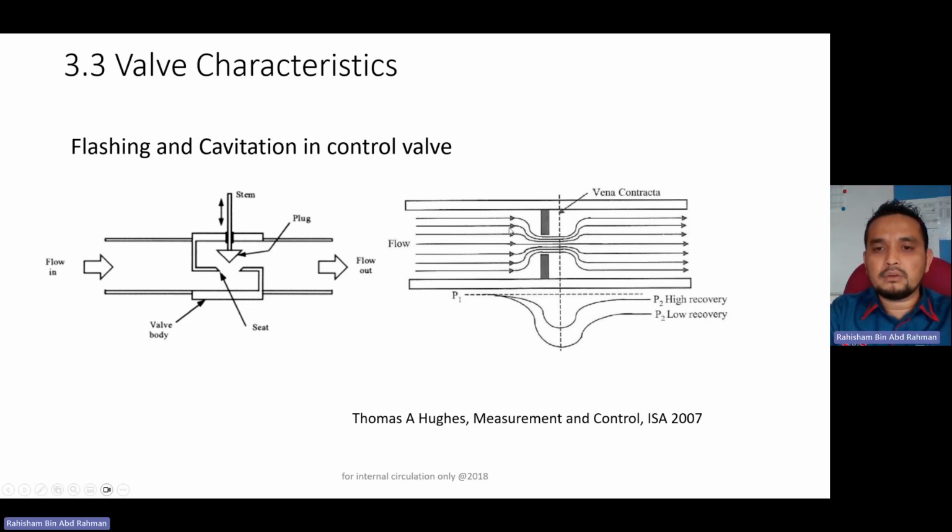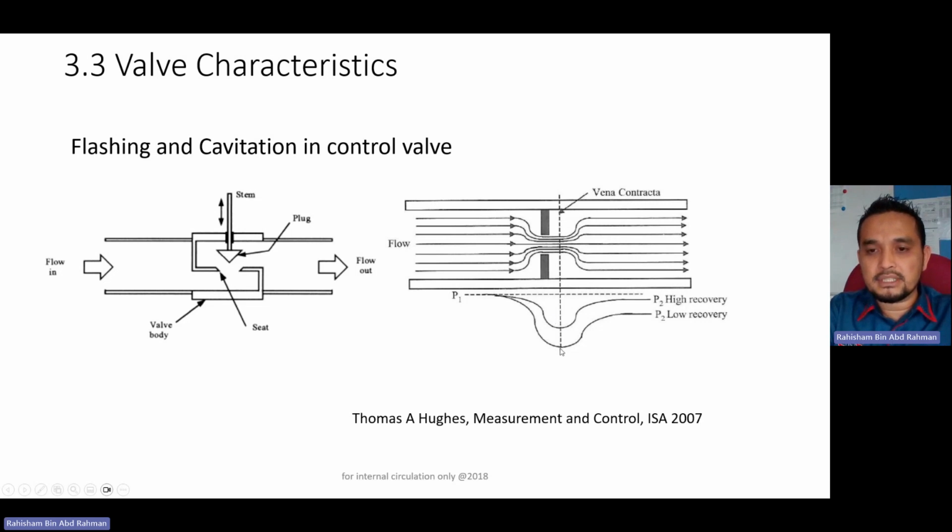So we have flow in, and then water will be forced through the small opening here. In this case, it is a gate valve, no matter what type of valve it is. So there will be a pressure drop at this point, and the bottom one will be just after the small opening, about this point.